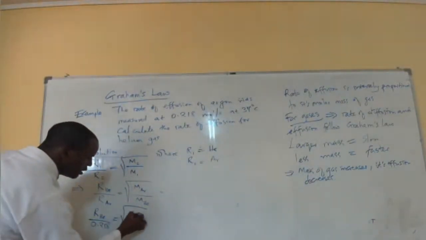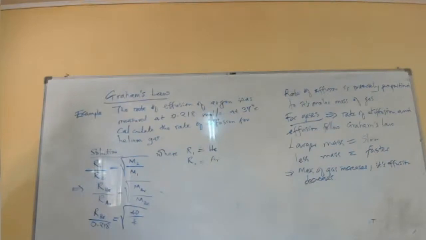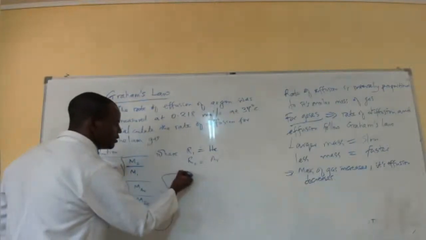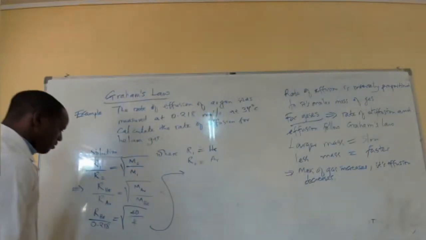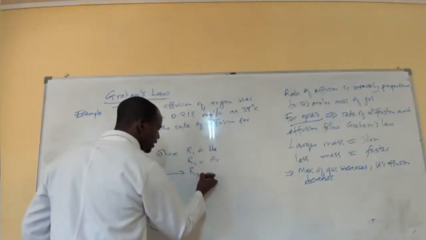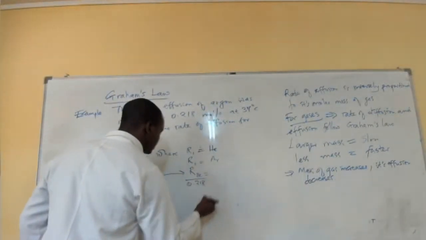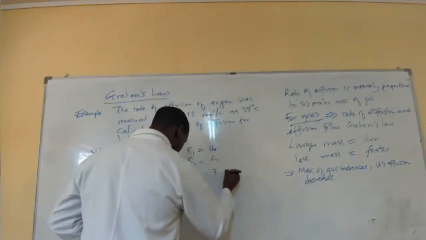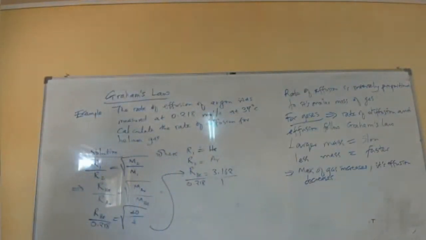So the mass of argon is 40 divided by the molar mass of helium, which is 4.0. Okay. So if we simplify that, we are going to have rate of helium divided by 0.218 is equal to 3.162. Let's make it a ratio divided by 1.